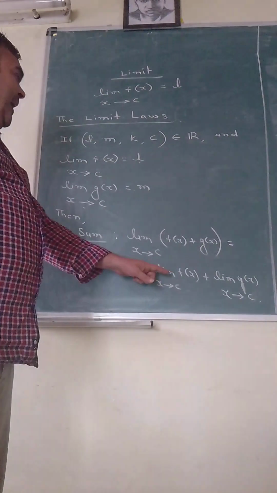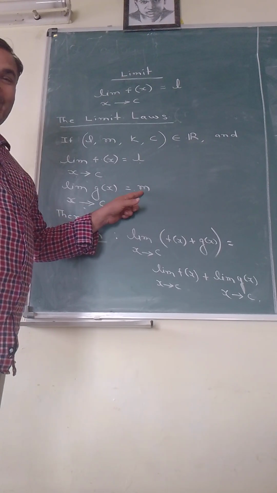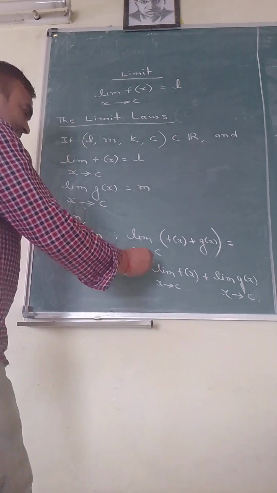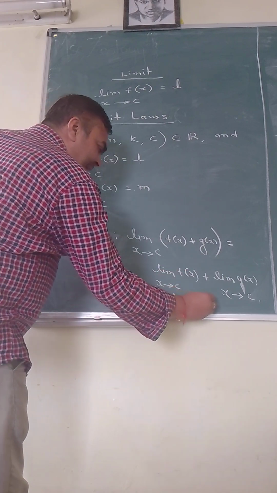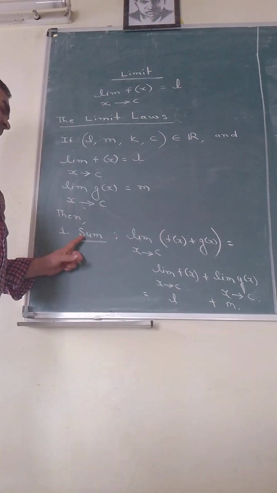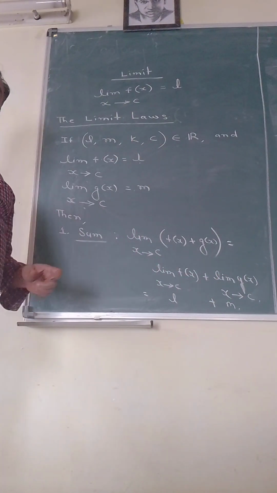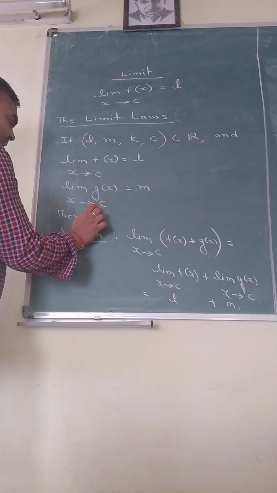But we already defined L and M as real numbers. Thus, we can write L plus M. This is the first limit law.